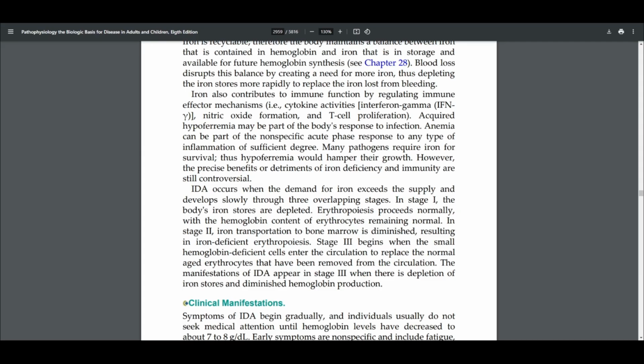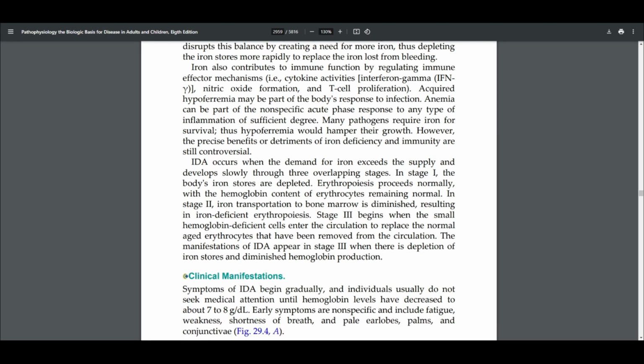Finally, stage 3 begins when the small hemoglobin-deficient cells enter the circulation to replace the normally aged erythrocytes that have been removed from the circulation. The manifestations of IDA appear in stage 3, when there is a depletion in the iron stores and diminished hemoglobin production.